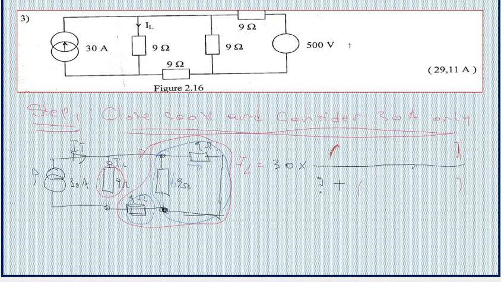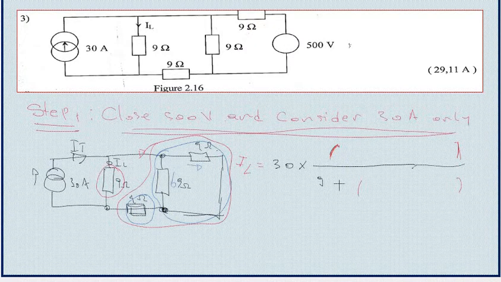If we look at these two blocks inside, the first block and the second block, they are in series because the current that passes in the main block is the same current that crosses the second block.